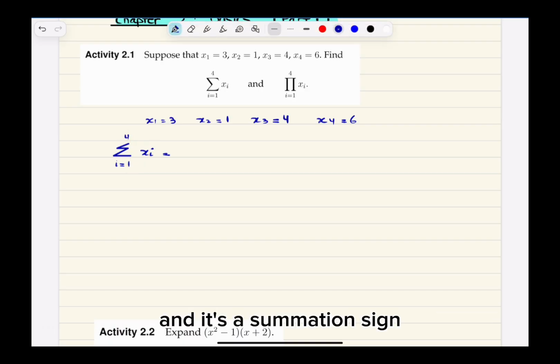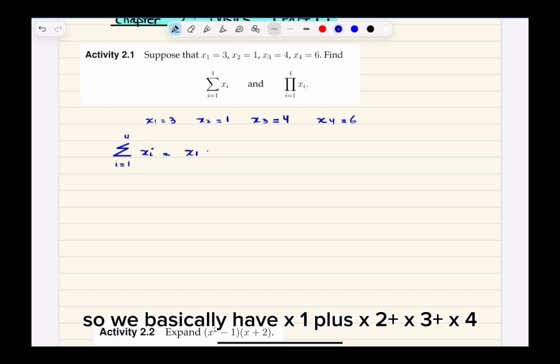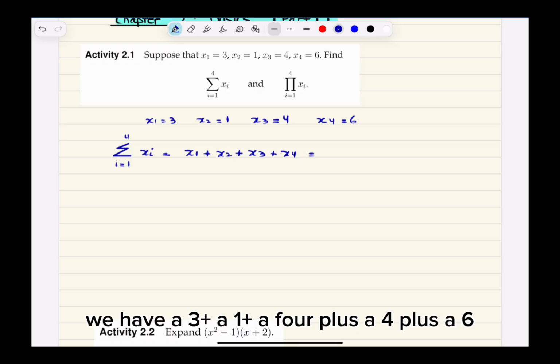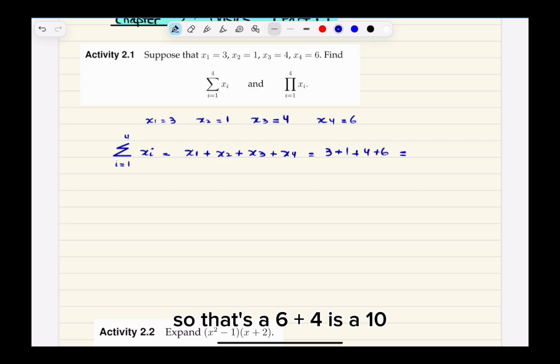And it's a summation sign, so we basically have x1 plus x2 plus x3 plus x4, and therefore we have 3 plus 1 plus 4 plus 6. So that's 6 plus 4 is 10, and then we have 14.